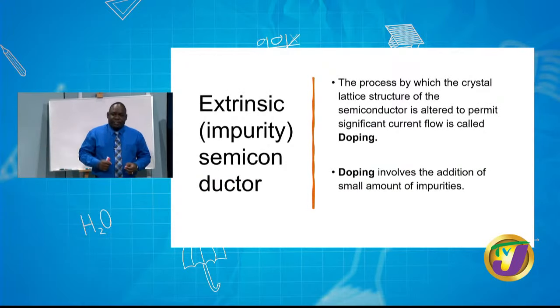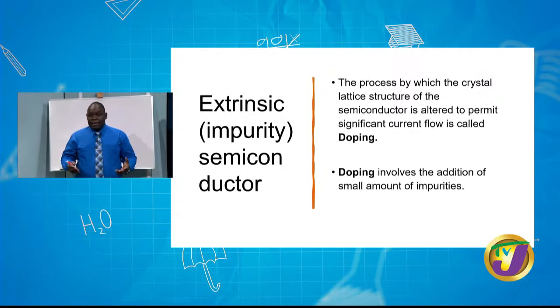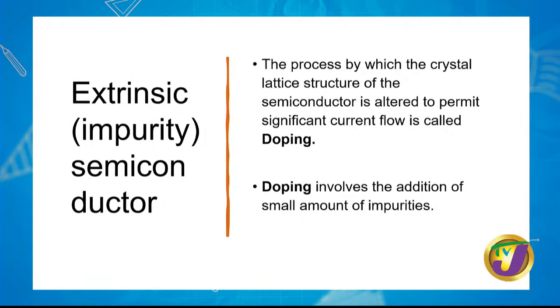Now, with the extrinsic semiconductor, it's not that we have a different material we're working with. It is the same silicon, the same germanium, but in order for us to make it workable, what we have to do is add a small amount of impurities to that pure material.